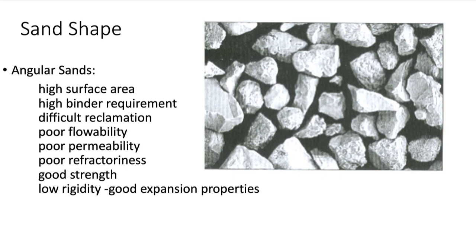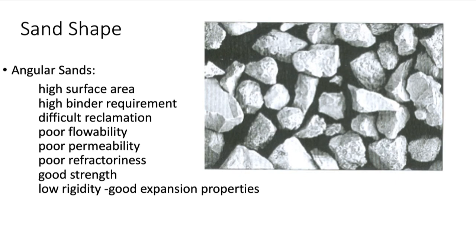They're difficult to reclaim. What does that mean? That means that one of the ways to get the binder off the sand is to knock the grains together. But if they all have all these nooks and crannies, it's difficult to get that binder off the surface of those sand grains. We'll talk later about reclamation and how you reclaim sand. So that we're going to run out of sand at some point.